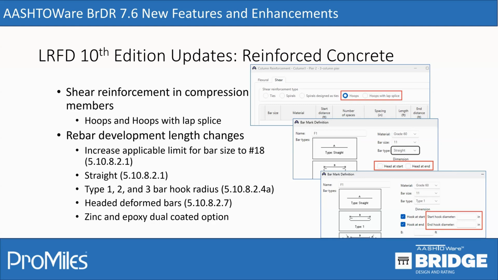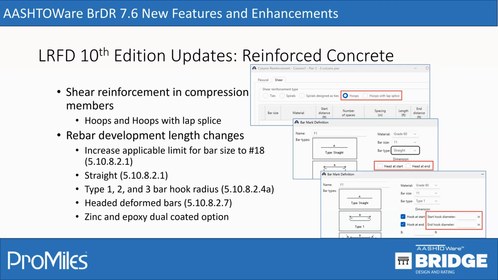And then for hook bars, there were some limitations for lightweight concrete, which was removed for hook bar tension. Also, there was some inclusion for considering the bar hook radius while calculating development length for hook bars.